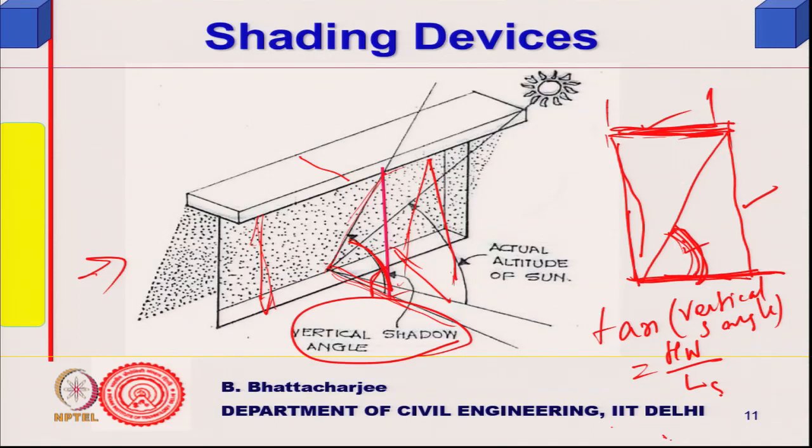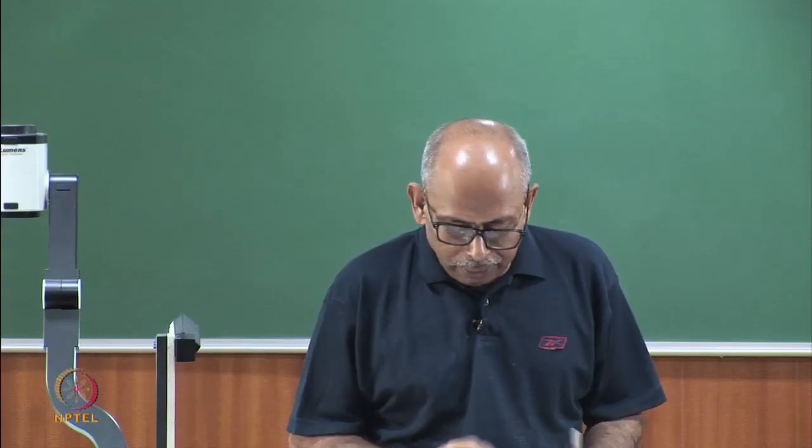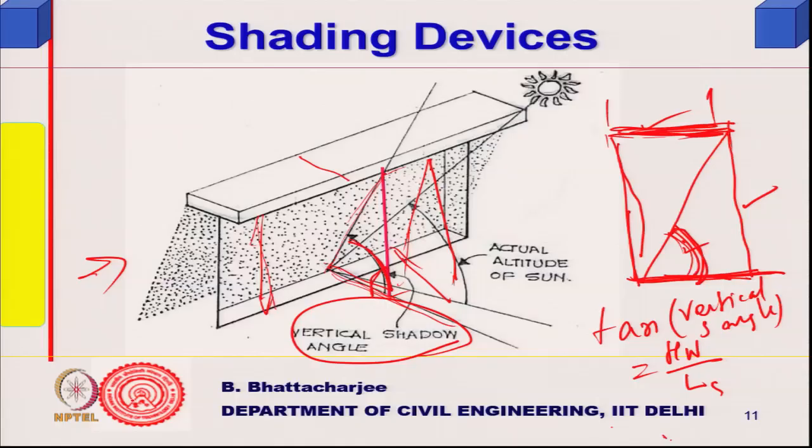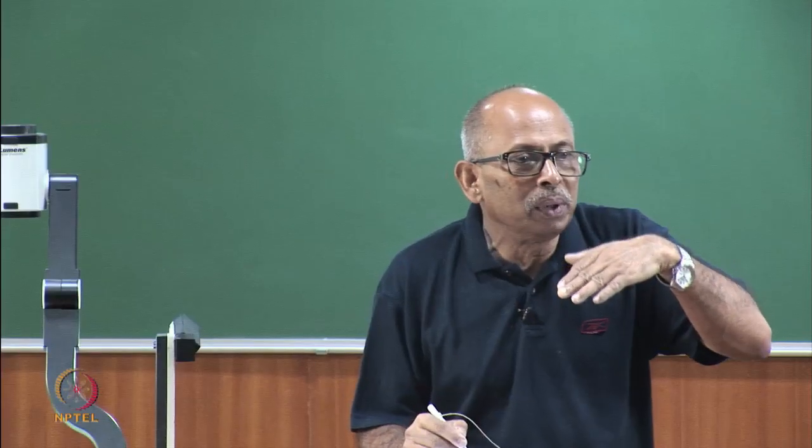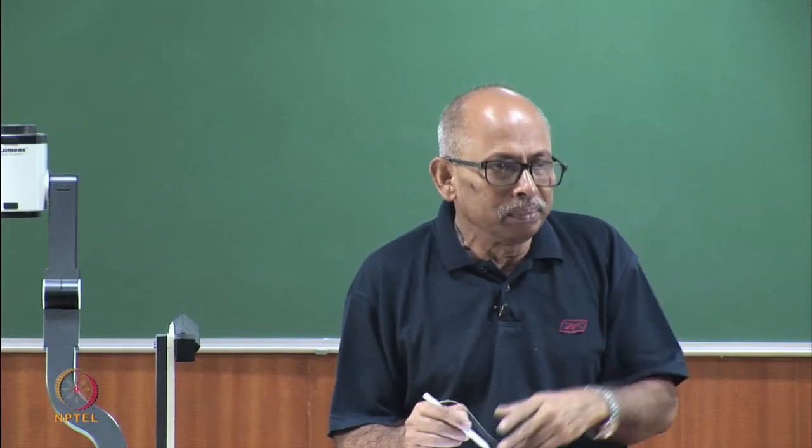Now, I have to relate it with the sun's position. The sun will be at some incline, it will not necessarily be normal to the window, it can be at some angle.